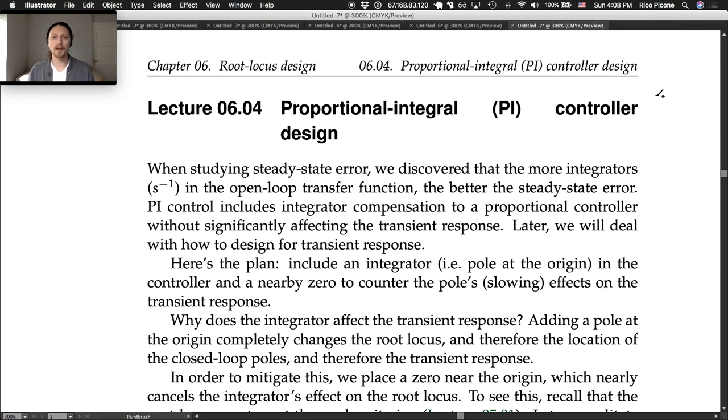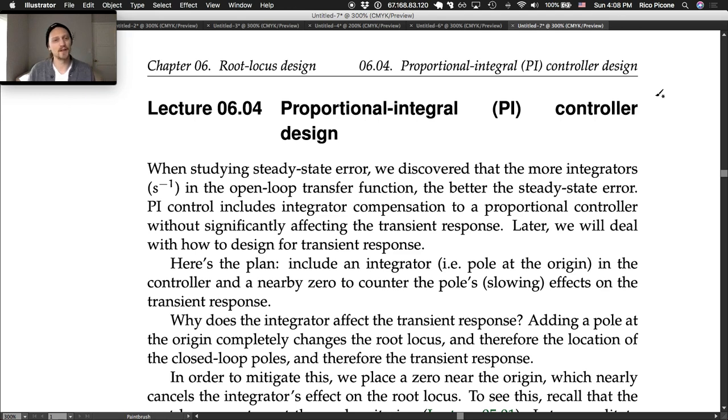So here's the plan. Include an integrator, i.e. a pole at the origin, in the controller, and a nearby zero to counter the pole's slowing effects on the transient response. Whenever we just plop a pole into our root locus, especially on the real axis, we're going to just throw the whole transient response off.